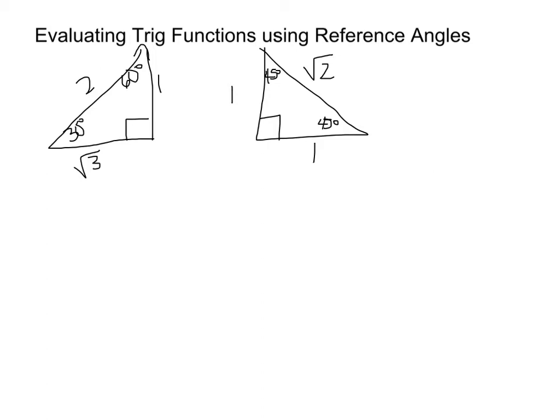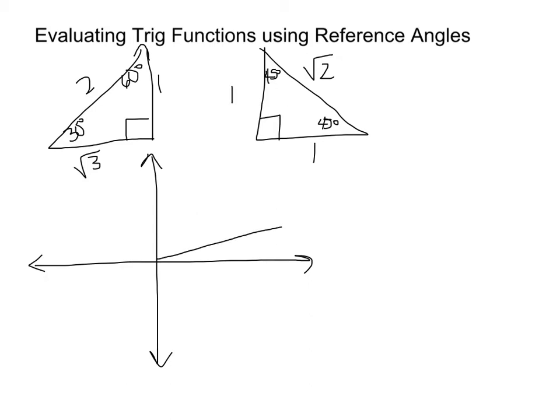And we know that 30, 45, and 60 are special angles, which are located in quadrant 1. And in radians, those are pi over 6, pi over 4, and pi over 3.